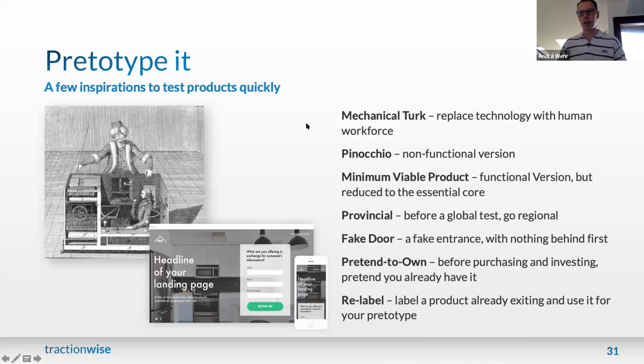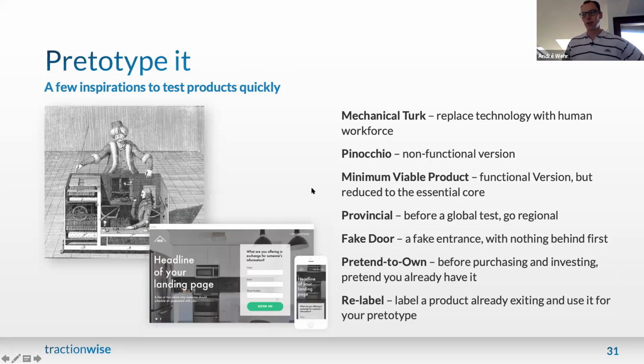The Mechanical Turk, one of the most historical examples, is some kind of a chess computer where some lord played chess or some other board game, and below, within this Mechanical Turk box, within this black box, there was a real human. And this is what you can also do today.